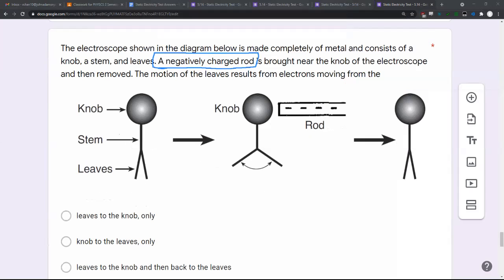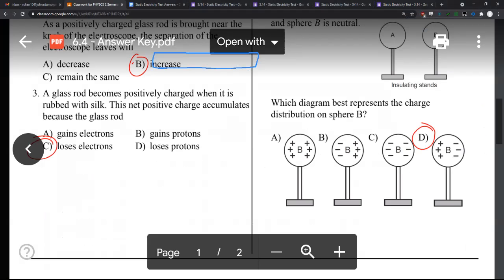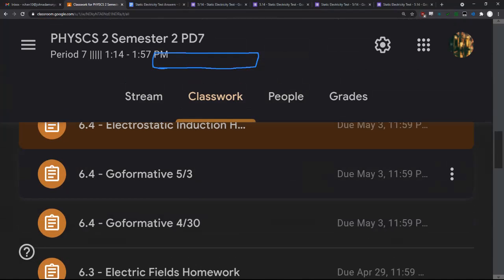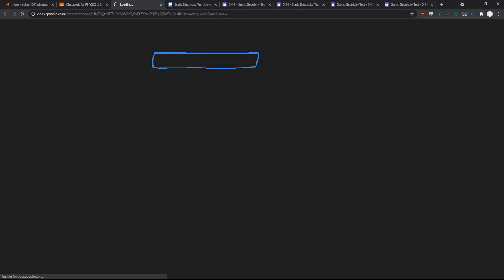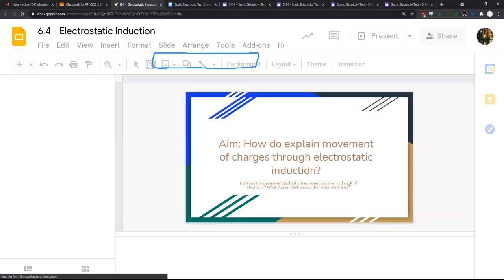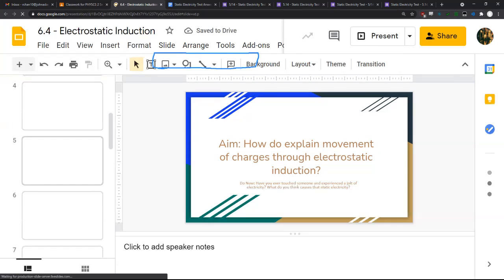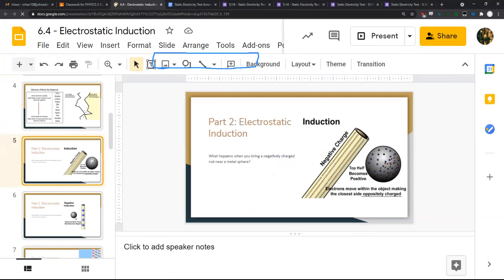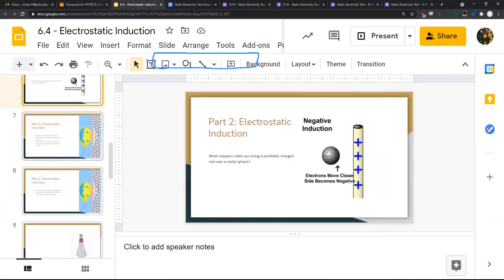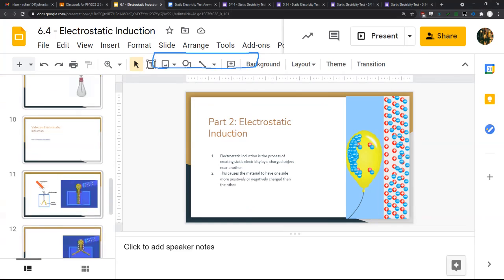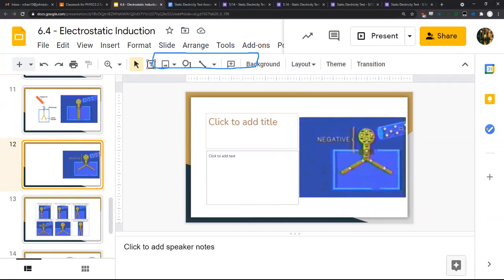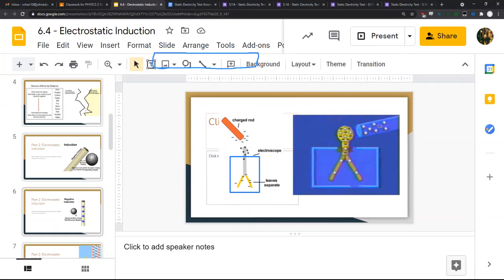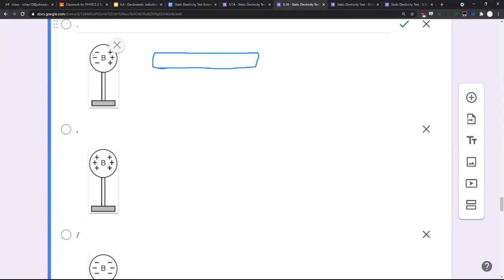So what happens to the motion of the electrons?